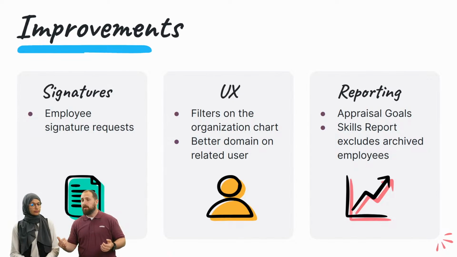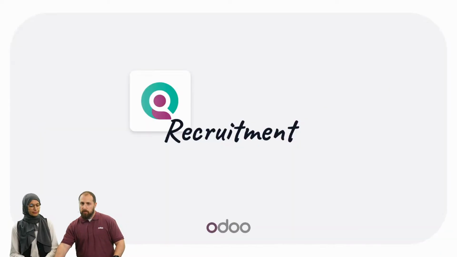So no need to go back to the appraisal application. You've got everything you need in the same view of the employee. And now our skills report in the employee app will also exclude the archived employees, because when you are searching for some skills, of course, you are looking for people that are still working in the company. So now we've excluded that for you right away.